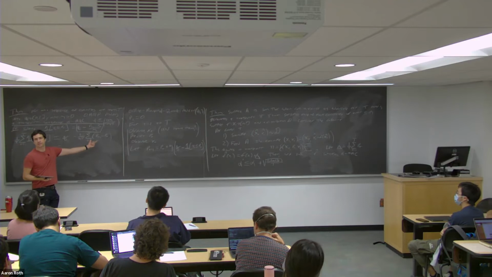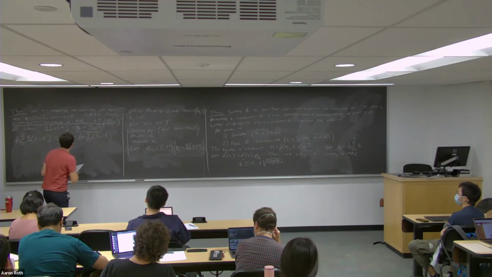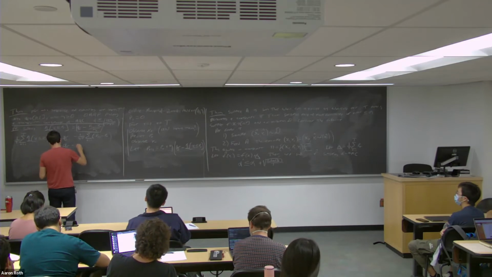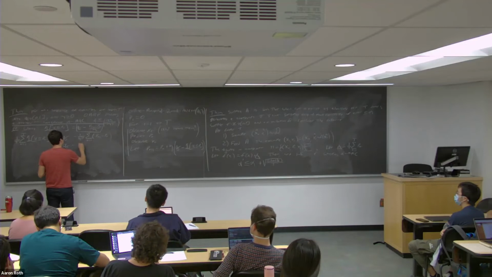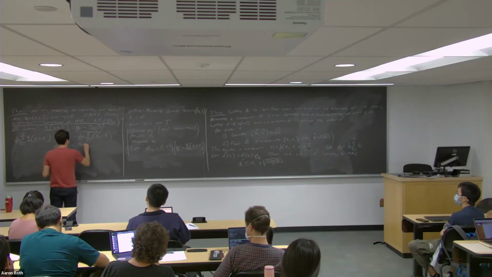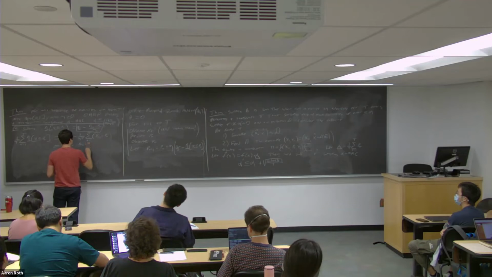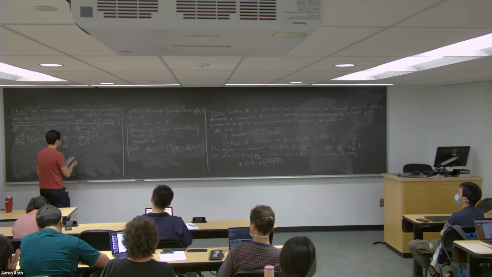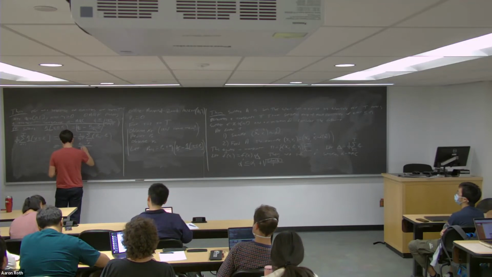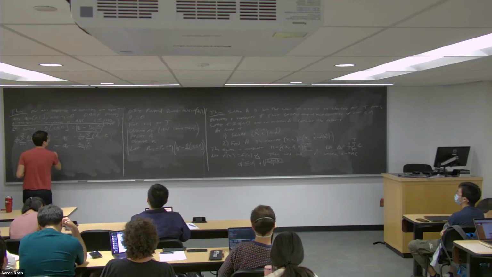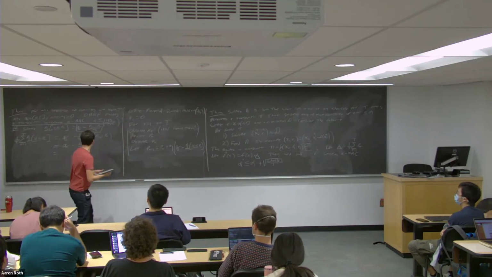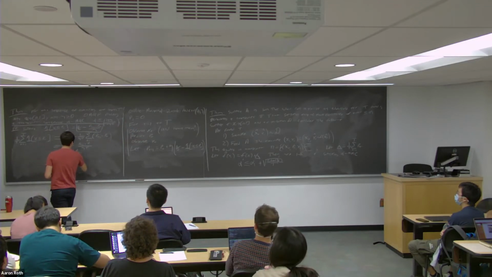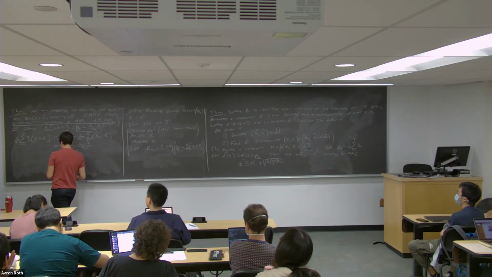Now this is a telescoping sum, so most of the terms cancel out. And I get just q minus, just the last term in the sequence minus the first term, p_{T+1} minus p_1, over eta T. And p_1 was 0, so this is just q minus p_{T+1} over eta T.